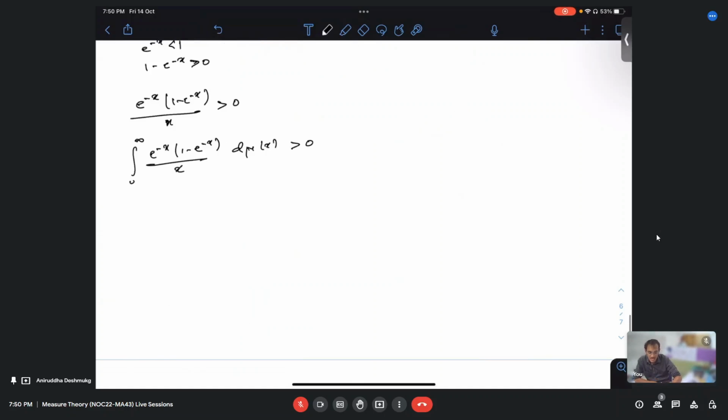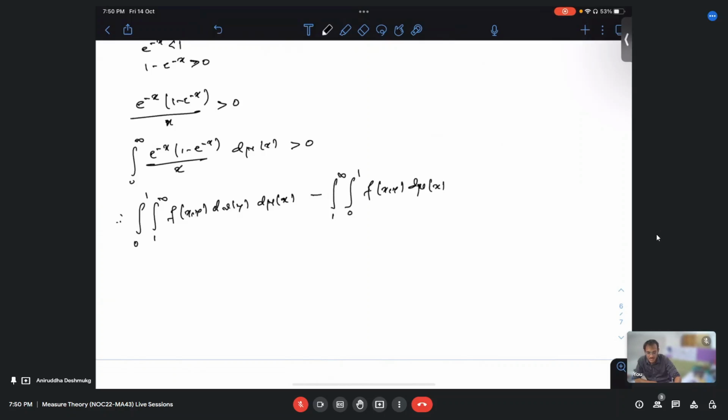That is to say, the difference of the two iterated integrals, integral 0 to 1 of integral 1 to infinity f of xy d mu y d mu x, and integral 1 to infinity of integral 0 to 1 f of xy d mu x d mu y, is non-zero.